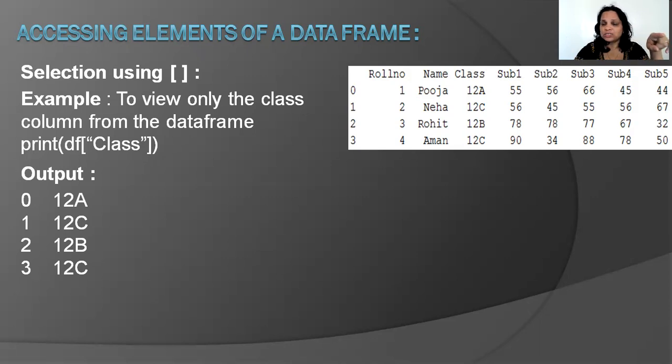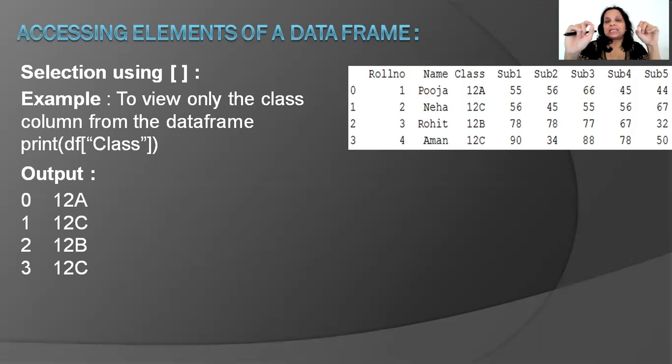If you look at your data frame, all the column names are just one word. Let's assume the roll number column was not called ROLLNO, but it was ROLL space NO, so it consists of two words making the heading.